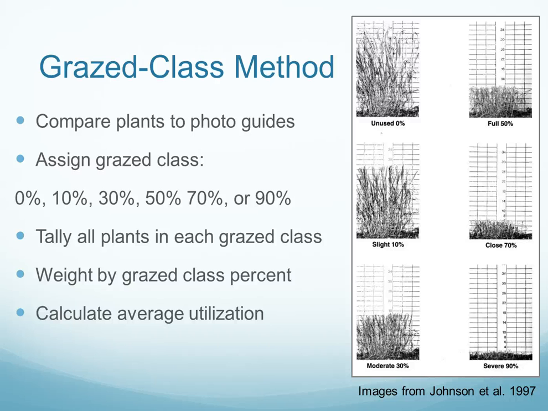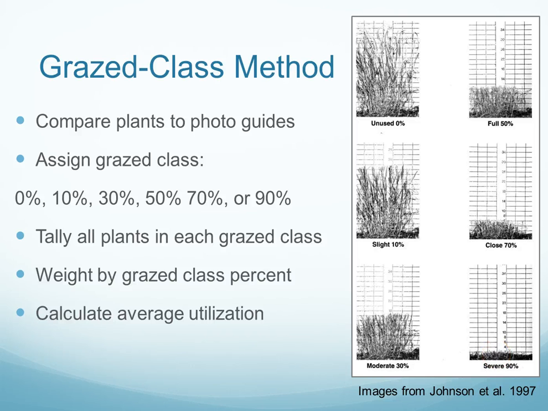In this image here, we see photo guides for switchgrass, showing what an average switchgrass plant would look like if it was ungrazed at 0%, slightly grazed at 10%, moderately grazed at 30% utilization, etc. Using photo guides, we classify plants according to whether they fit into one of 6 different classes, so 0, 10, 30, 50, 70, or 90% grazed.